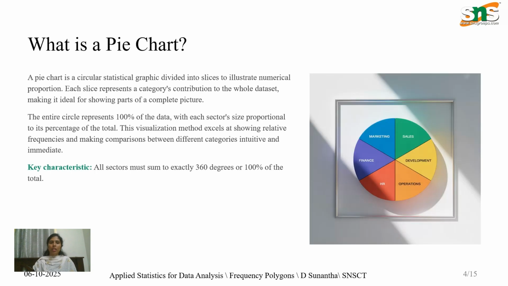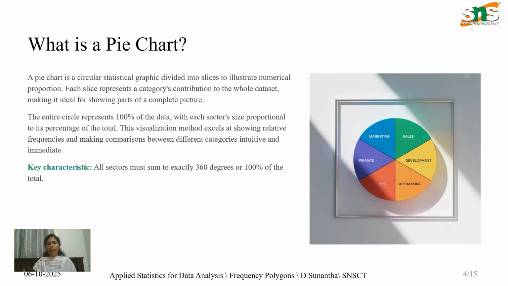A pie chart is a circular statistical graphic divided into slices to illustrate numerical proportions. Each slice represents a category's contribution to the whole, making it ideal for showing parts of a complete picture. Here, the entire circle represents 100% of the data, which is partitioned in proportion to the percentages of the given data.